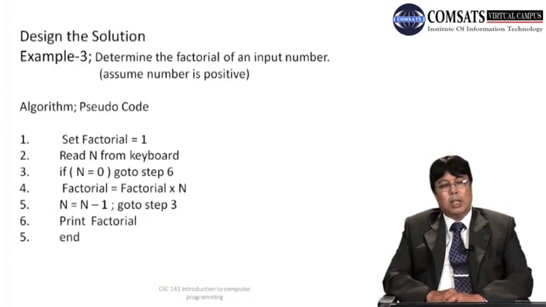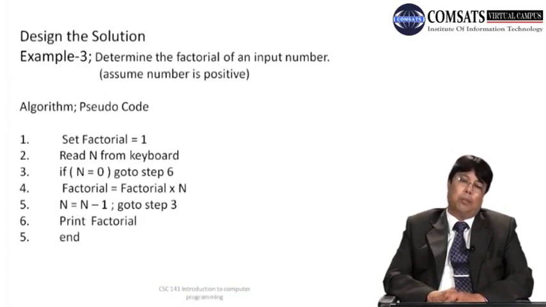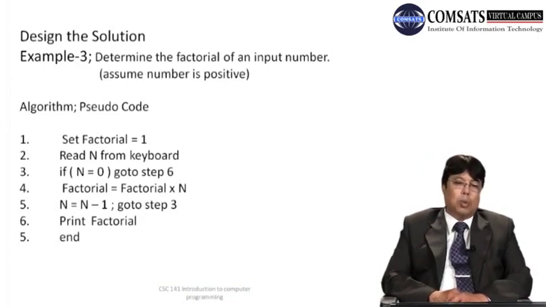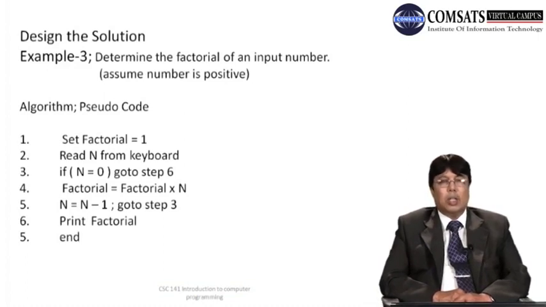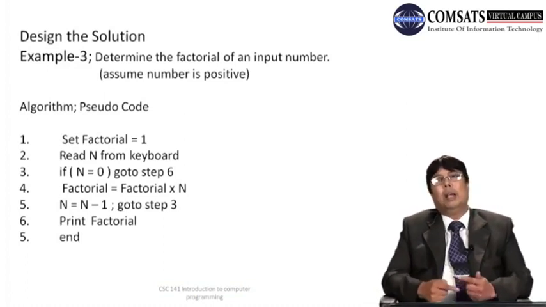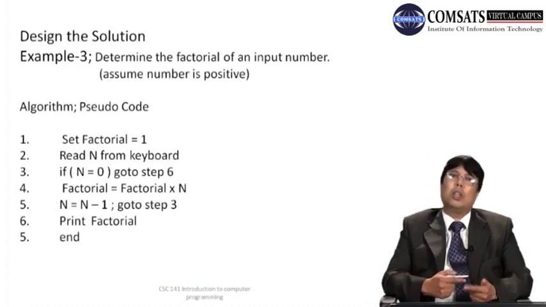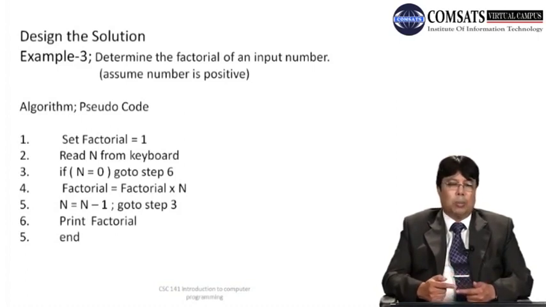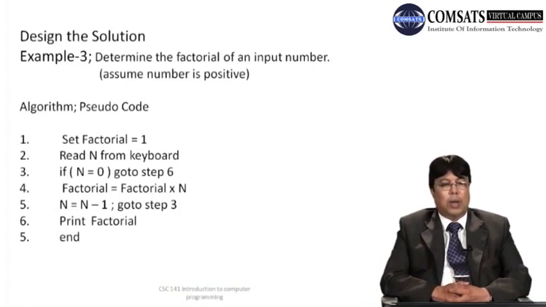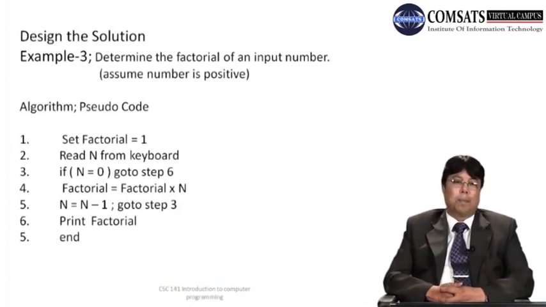So n is equal to n minus 1 reduces the value of n by 1 and goes to step 3. Since you keep on reducing the value of n, 5 से 4 होगी, 4 से 3, 3 से 2, 2 से 1, 1 से 0. So whenever it is 0, you will come out of this sequence of execution, steps 4 and 5.